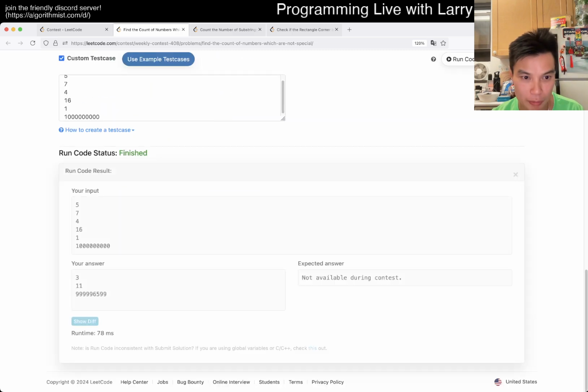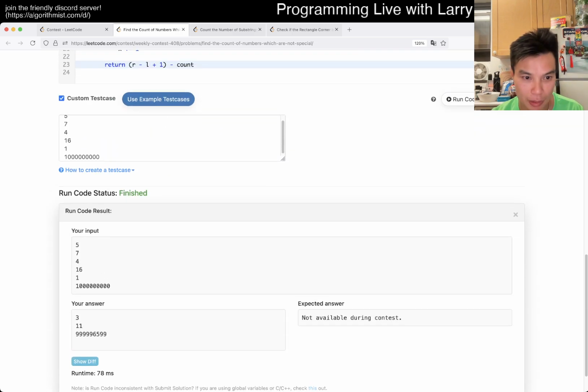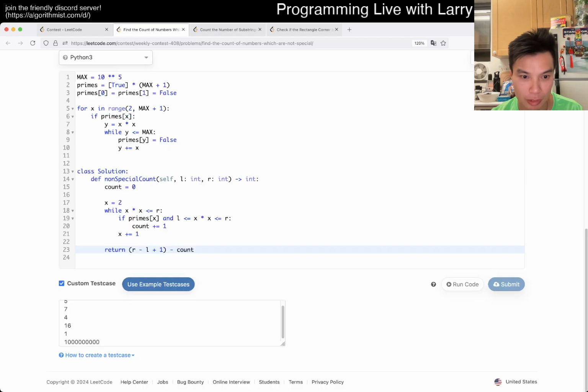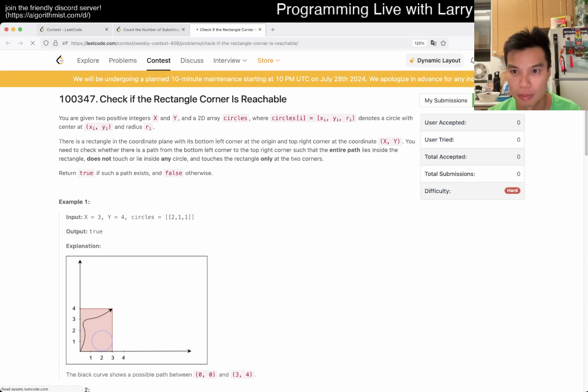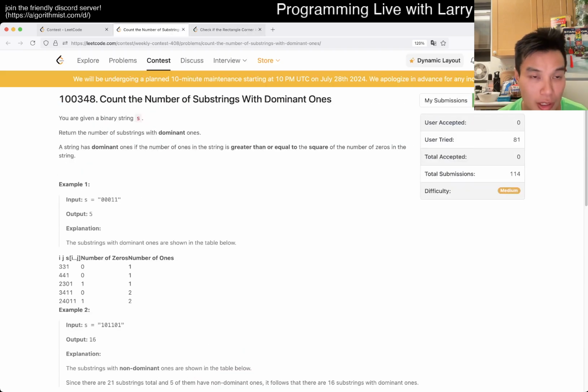Is this right? I don't know if this is right, but also there's only like 3,000, so okay. Well, at least I got it right. Oh, a lot of people are getting wrong on this one. What about this one? Also, no one got it right yet. Let's take a look. So at least I have some time to catch up, though I'm a little bit slow.